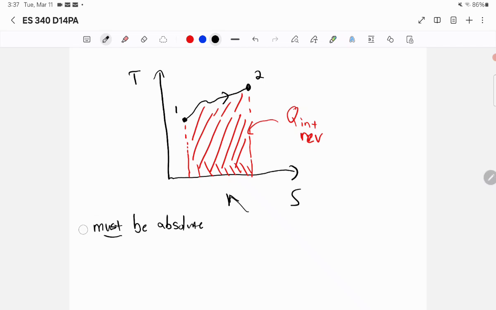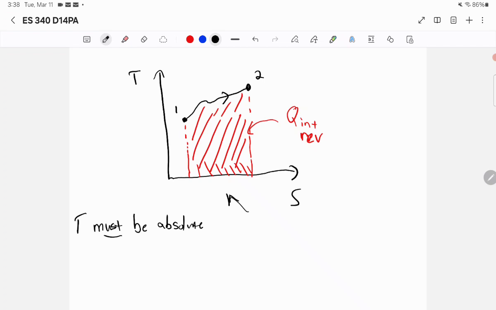So we must be using an absolute temperature in this case. At least visually it's helpful. We might not be able to compute it in all cases, but if we have a nice type of cycle, then we could use that to help us compute these areas, to compute this internally reversible heat transfer, which could be useful in a variety of scenarios.